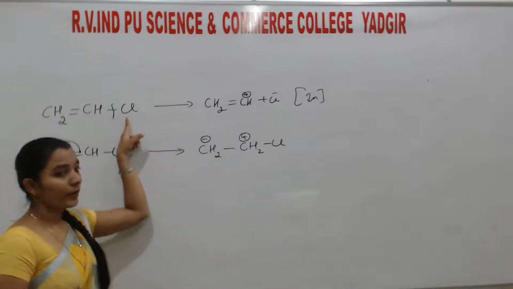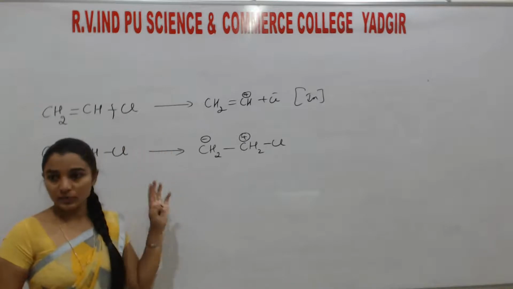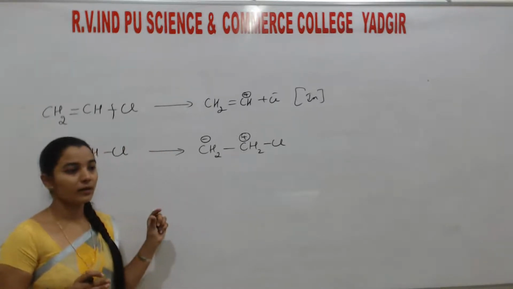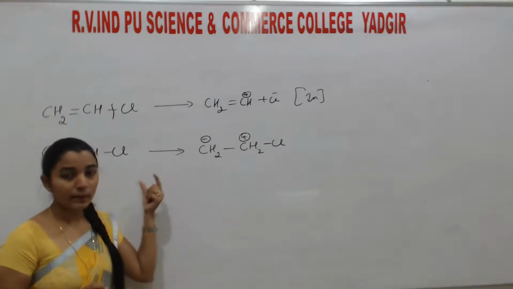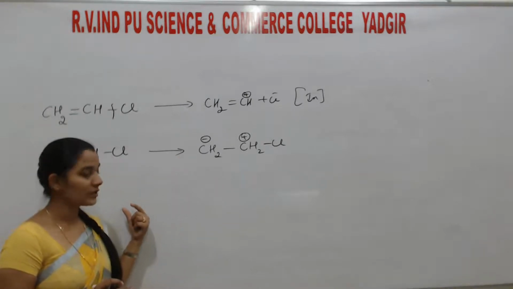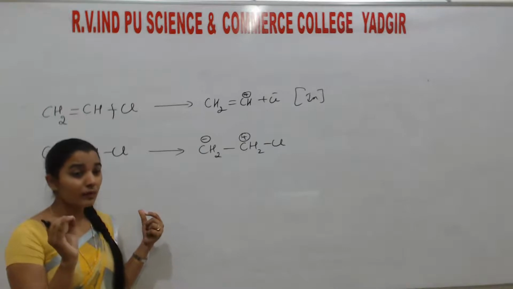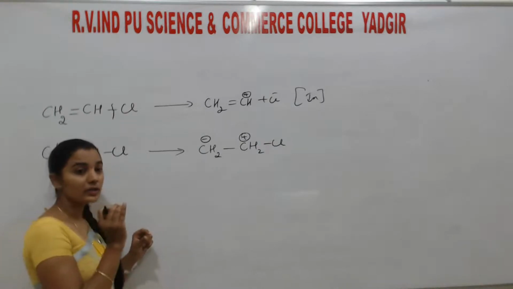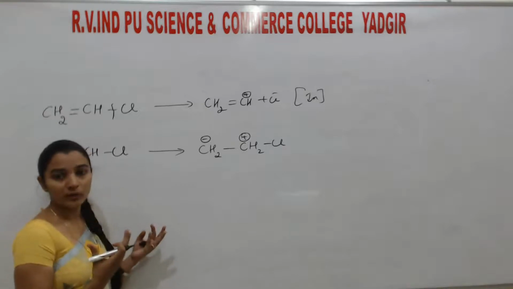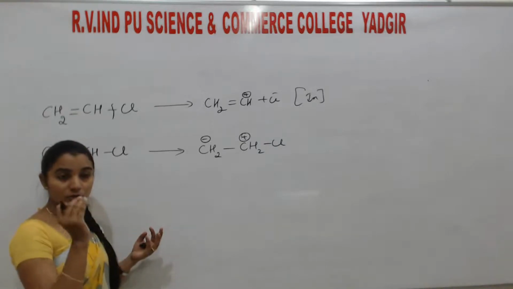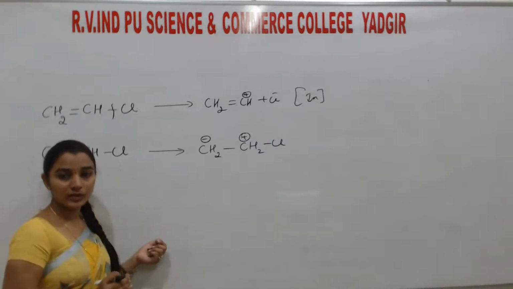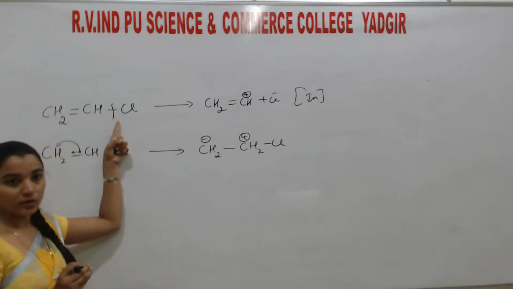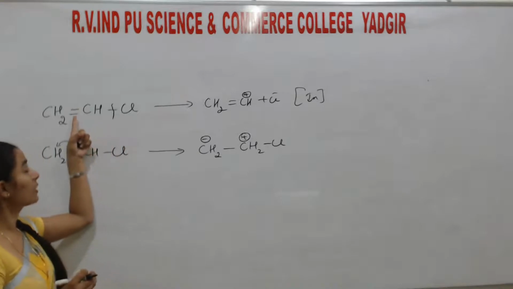Among the sigma bond and the pi bond, which one is stable? We know that pi bonds are less stable than sigma bonds. Pi bond is a weak bond, sigma bond is a strong bond. So the transfer of pi electrons is easier than sigma electrons. Here the breaking of the sigma bond takes place, there the breaking of the pi bond.